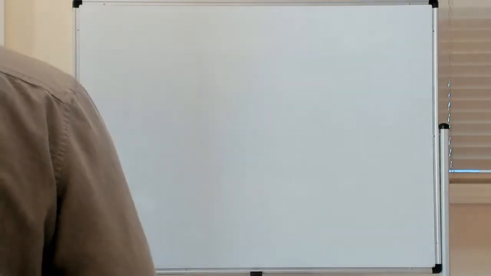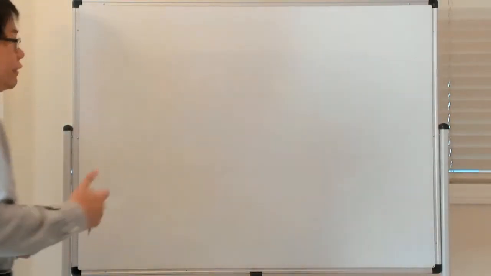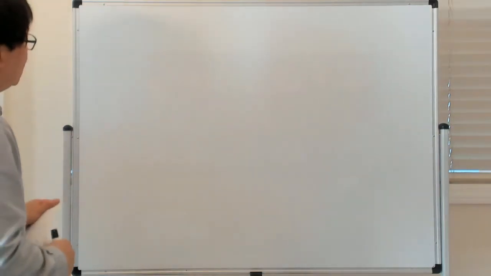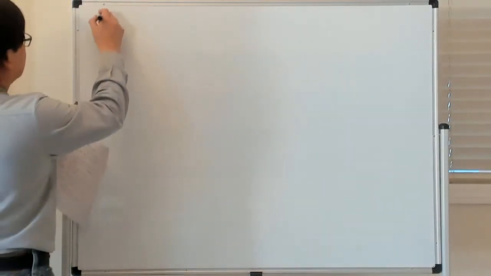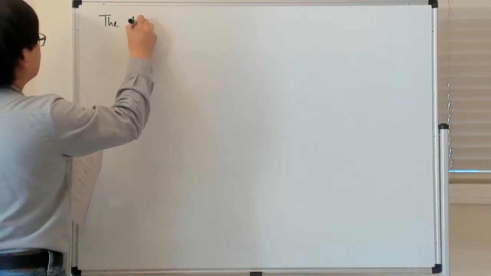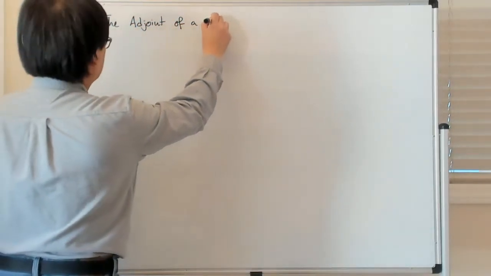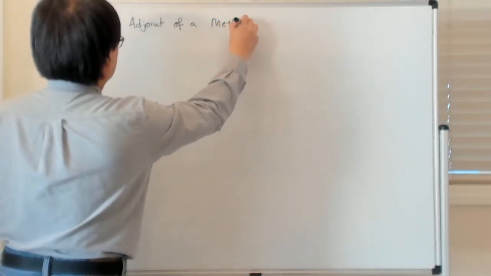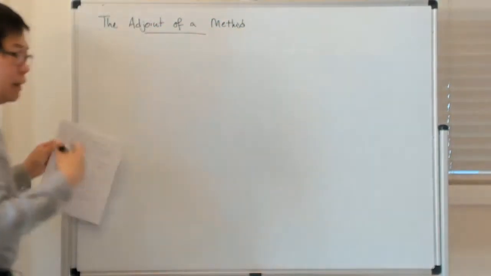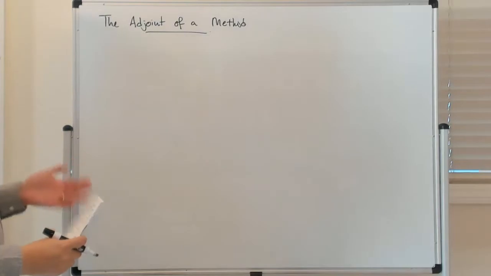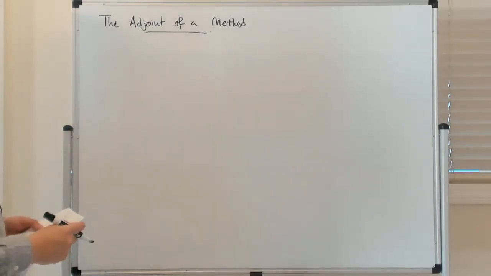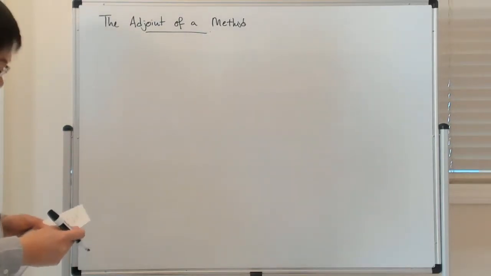Okay, so now we're going to introduce this idea of the adjoint of a numerical method. So the adjoint of a method. And if you will, this is motivated by the following observation or the following property of the exact flow map.